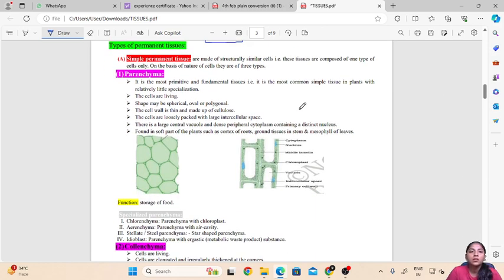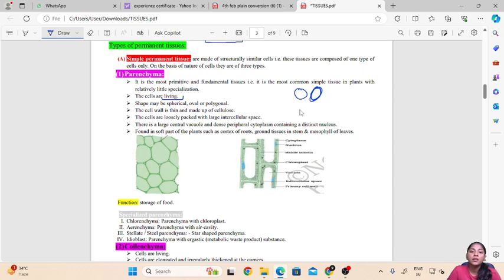In simple permanent tissue, the first type is parenchyma. It is the most common type of simple tissue in plants. It is the most primitive and fundamental tissue, and in parenchyma the cells are living cells. They may be spherical, oval or polygonal.